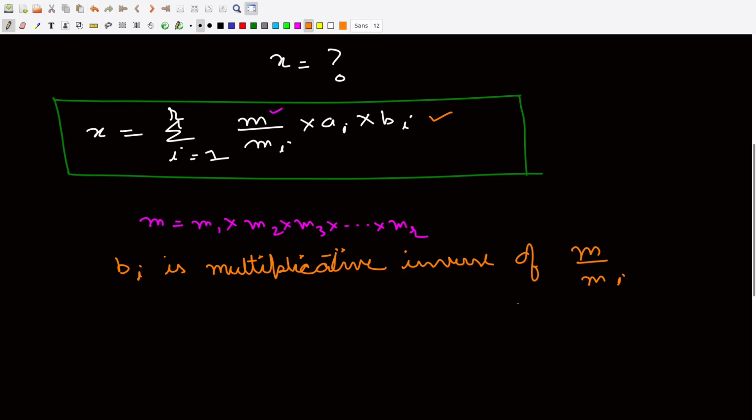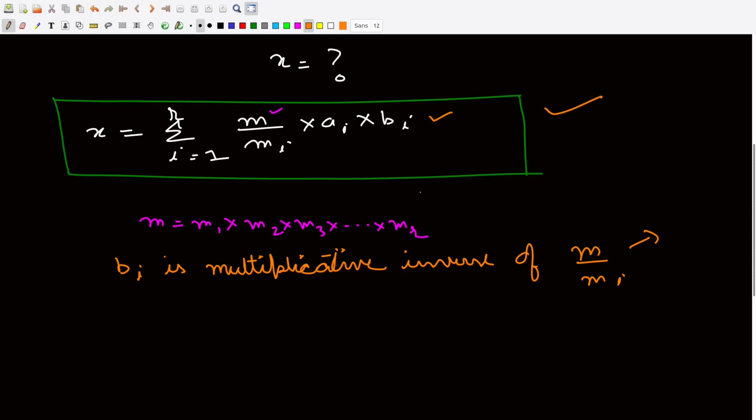The way we can compute the multiplicative inverse is the extended Euclidean algorithm. So to find it, we can use the extended Euclidean algorithm.